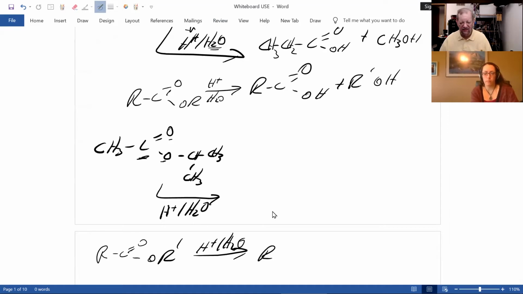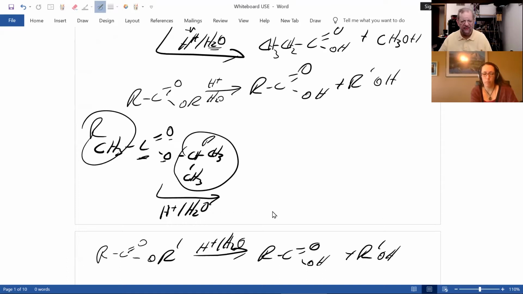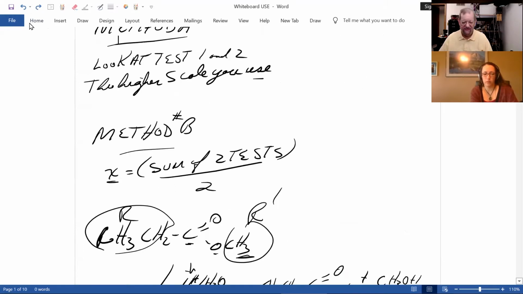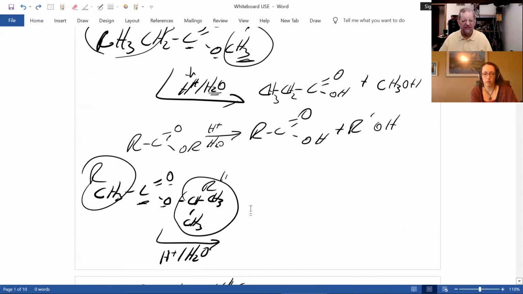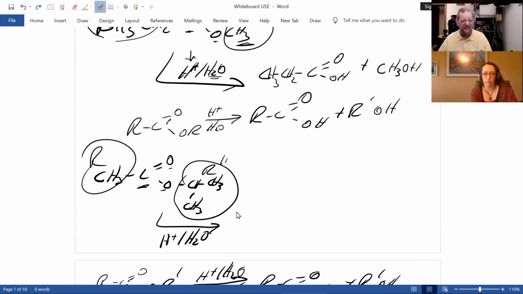And what do we get? We get back the carboxylic acid plus the alcohol we would have used to make that ester. In this case, what's our methyl? What's our prime? Isopropyl with double prime. Hold on. And what do we get?